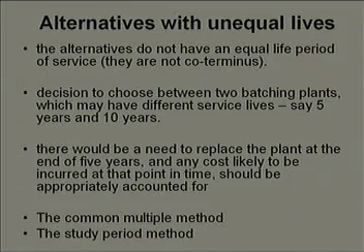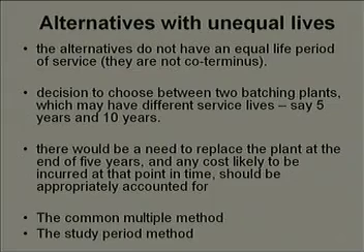The essence of this type of problem is that it involves different lives. Now, there are two approaches through which this class of problems is solved. The first approach is called the common multiple method.